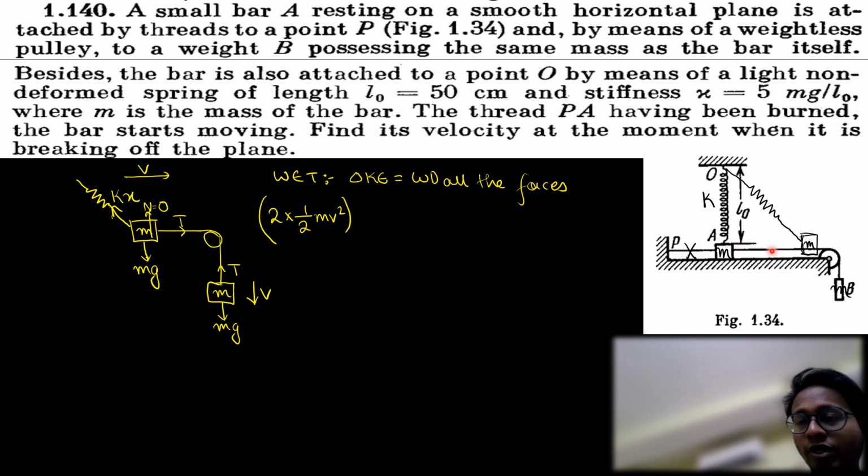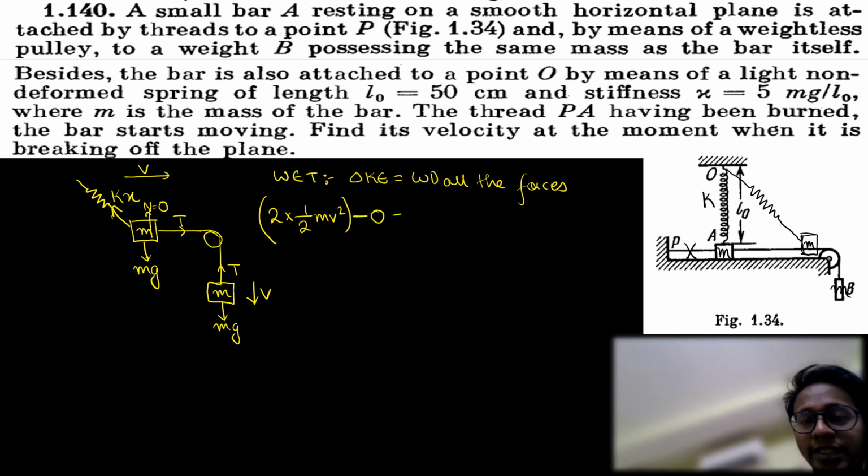That is the final kinetic energy of this block out here plus the kinetic energy of the block B down somewhere out here, both moving with velocity v. Why? Because they are connected by a string, and by constraint motion, if this moves with velocity v, this will also move with velocity v downward. So this is final kinetic energy minus initial kinetic energy.